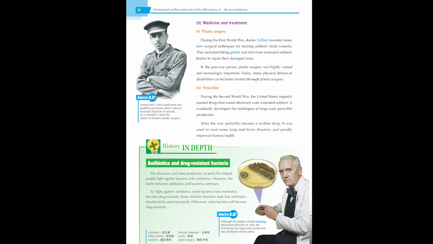Some scholars therefore state that antibiotics should not be used excessively. Otherwise, more bacteria will become drug-resistant. Look at the source 9.52. Although the British scientist Fleming discovered penicillin in 1928, the technology for large-scale production was developed during the Second World War.